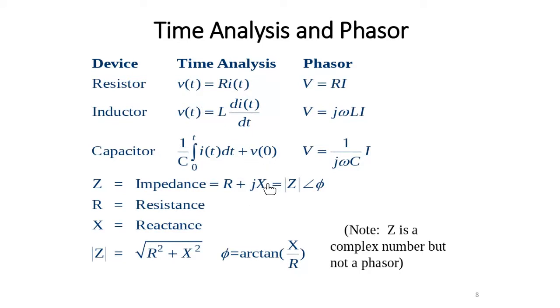So if you have a capacitor and inductor connected together, you subtract them, and the higher value of the inductor, you will put it here. If the capacitance is higher than the inductance, then this will be negative, and this will be the difference. Okay, so this is always like this.